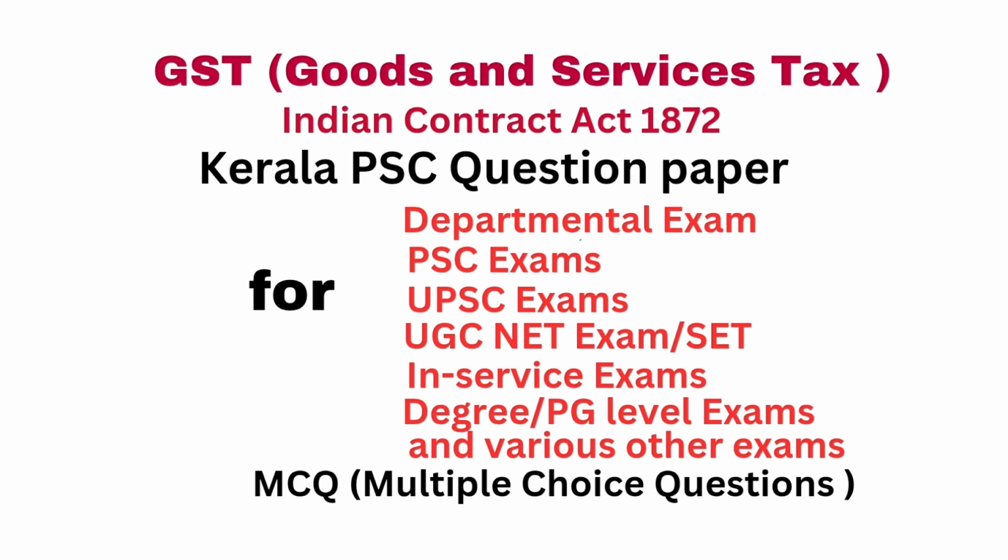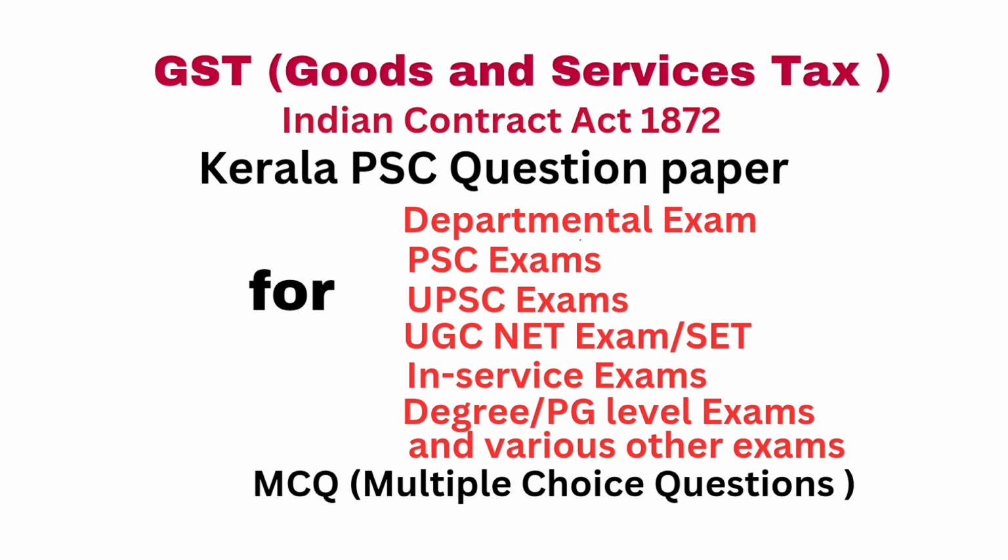Question number 61. Two or more persons are said to be in consent when they agree upon the same thing in the same sense. Question number 62. Committing or threatening to commit any act forbidden by the Indian Penal Code, or the unlawful detaining or threatening to detain any property, with the intention of causing any person to enter into an agreement is called answer coercion.